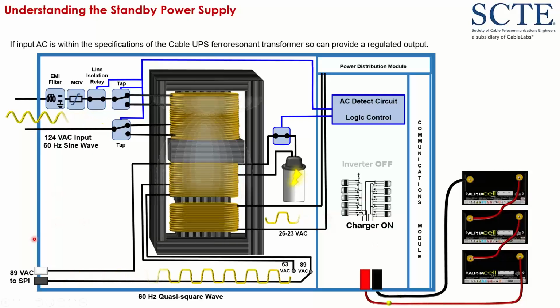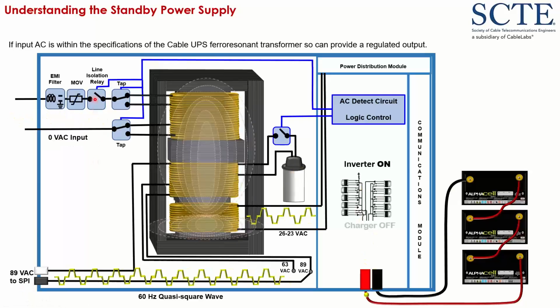If there's a problem with the utility, the brain of the power supply will see that. It will open up the line isolation relay and engage the batteries. We'll take the DC voltage from the batteries and run it into the inverter. The devices we call MOSFETs will convert the DC to AC. That AC will be pushed into the transformer kind of backwards.